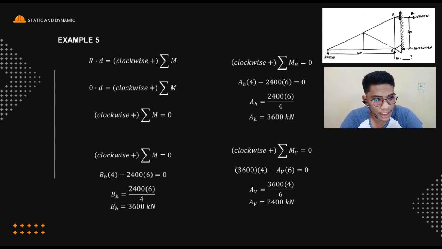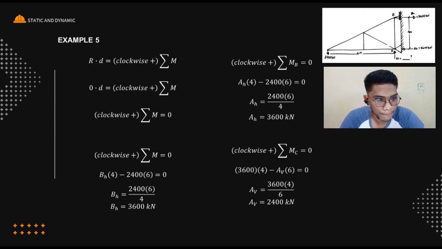And then BH, 3,600 multiplied by 4, its moment arm, minus AV dahil ang movement po nito ay pa-counterclockwise papunta dun kay C, then multiplied by 6, ito po yung kanyang moment arm, is equals to 0. And then katulad po kanina, isolating, lipat po natin sa kabila yung AV, and then divide both sides by 6 to obtain the AV. So AV is equals to 2,400 kilonewton.